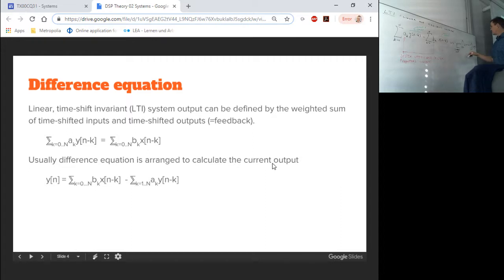So that's the current value. This is the current input value plus the history, the previous values, and this is the history of output, meaning feedback. Okay, so this is the feedback.